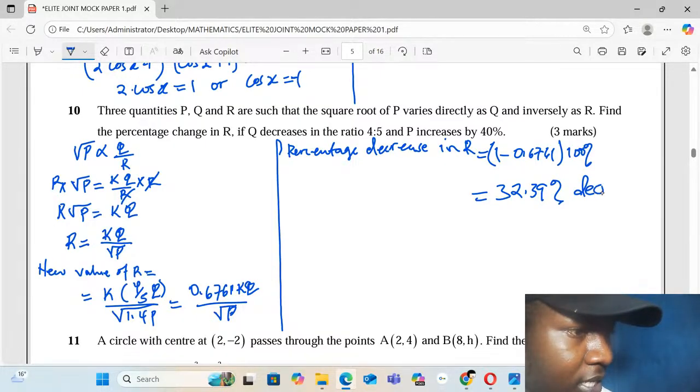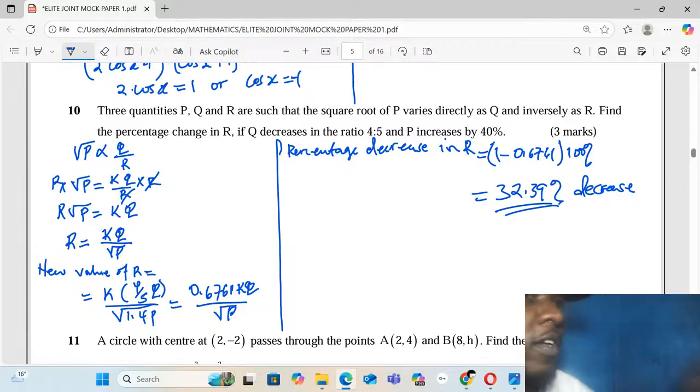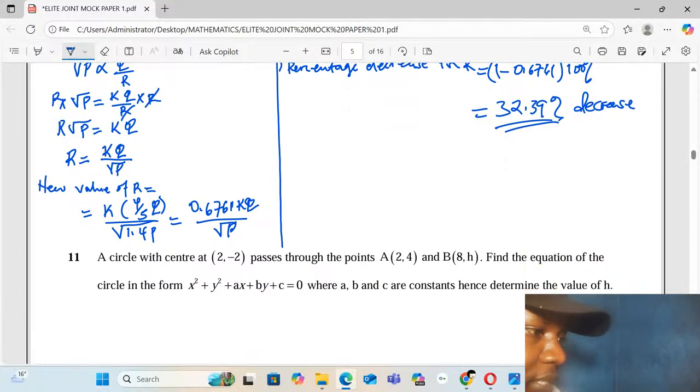It is decreasing. So that one becomes our final answer. So that is how you find that answer.